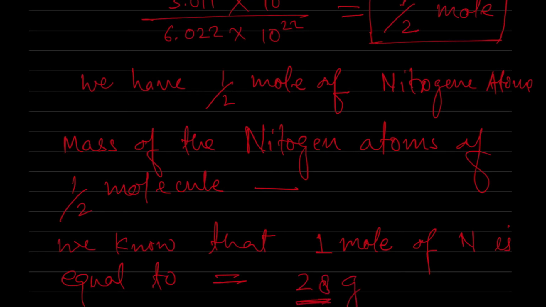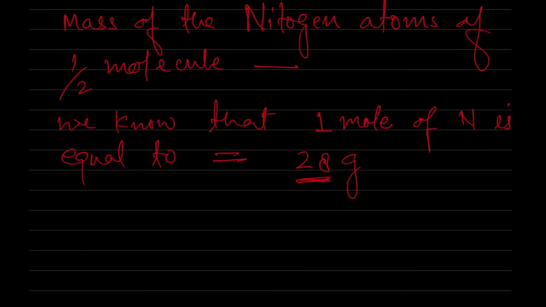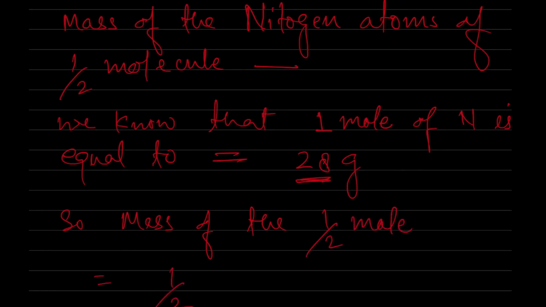We have calculated this earlier. Now for the mass of half mole, mass of the half mole is equal to half into the molar mass 28. So this is 14 gram.